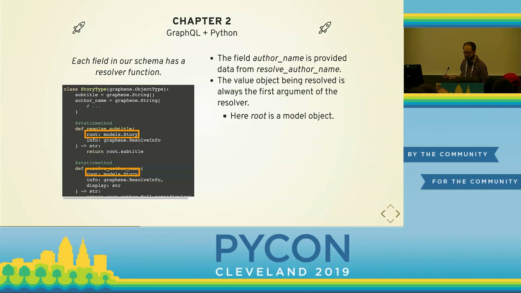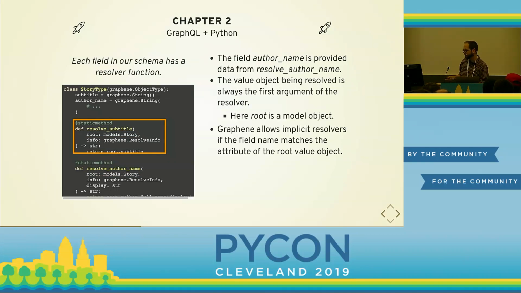The value object that we're resolving is always the first argument of that resolver function. Here we have root as the first argument, and it's a model object. It's our story model. And that's the same for all of these things in the story type Graphene object. The root is the story model for resolve subtitle, and it's the story model for resolve author name.